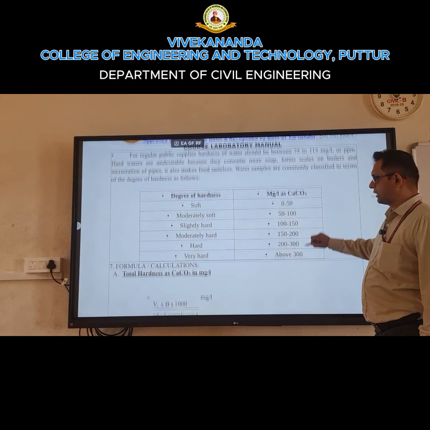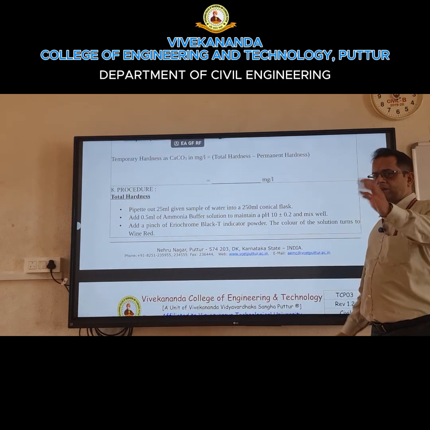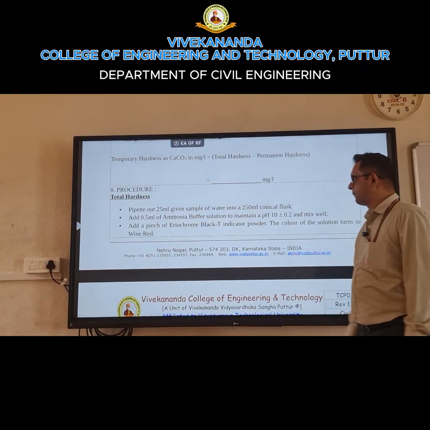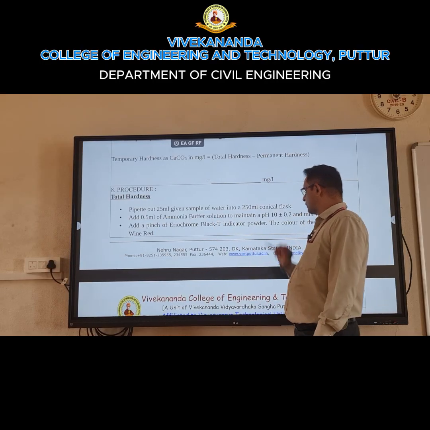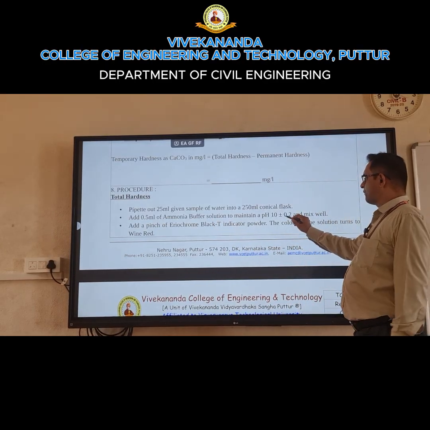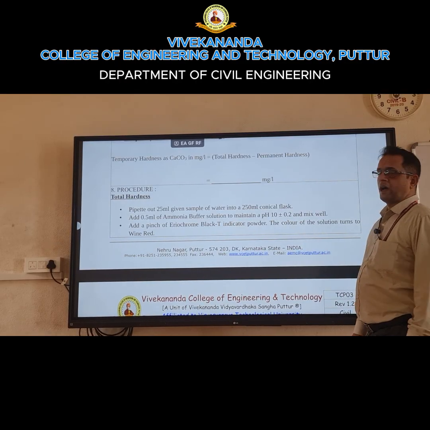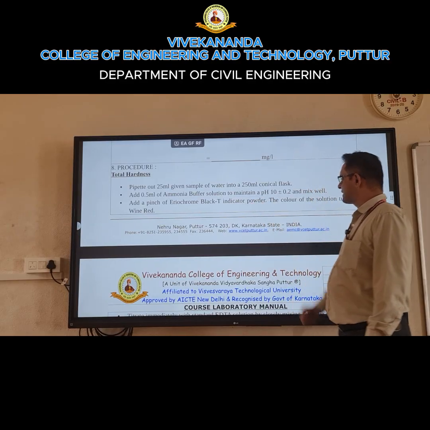So what is the procedure? First, I will find out the total hardness. Around 25 ml of sample I have to pipette into a conical flask. Then I will add ammonia buffer solution. Once again, why is ammonia buffer added? To maintain the pH around 10. Afterwards, a pinch of Eriochrome Black T indicator is added.